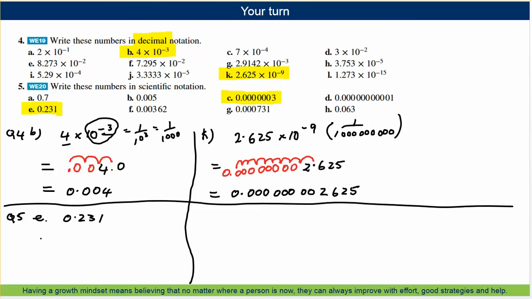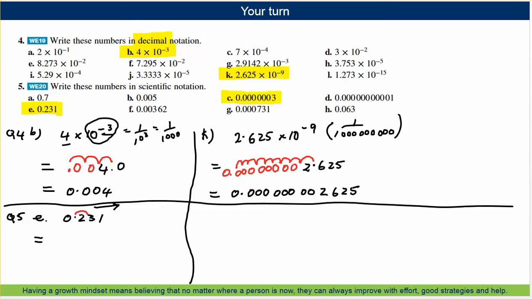So here, when we're going from decimal form to scientific notation, we want to move the decimal point to the right. To do that, you have to multiply by 10. And every time you multiply by 10, we're going to have to then divide back by that to get a number that's equivalent. So here, I'm going to move the decimal point 1 spot to get it between the 2 and the 3.